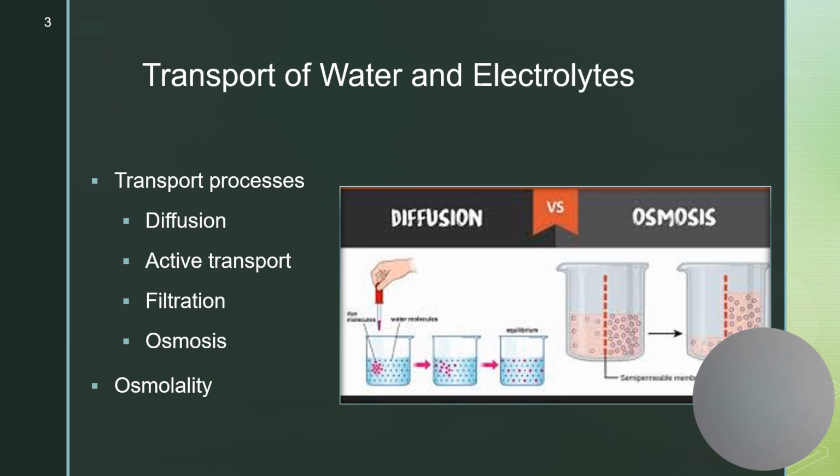So if we have a minimum amount of fluid in the body, we have less water, then our osmolarity, or our concentration of those dissolved particles, is going to begin to increase.